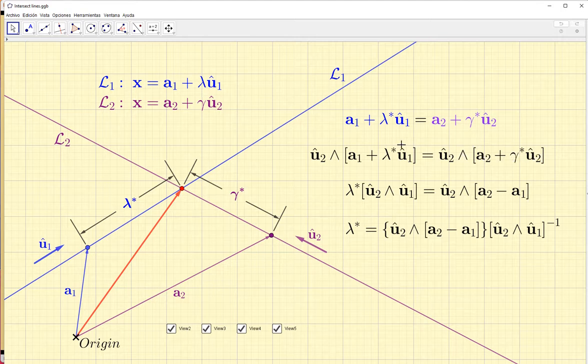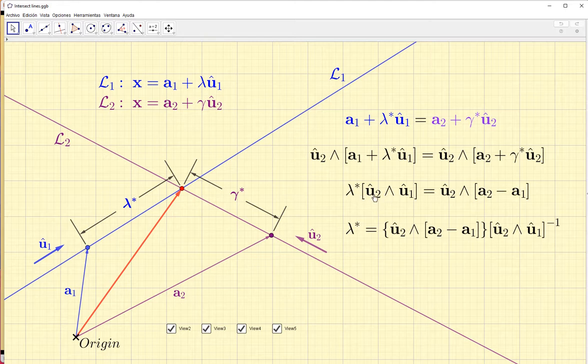And now you can find details of this in standard references or in the video that I'm going to link. When we're done simplifying this, we get lambda star times u hat 2 wedge u hat 1 is equal to u hat 2 wedge a2 minus a1. So we get a scalar multiple of a bivector is equal to another bivector.